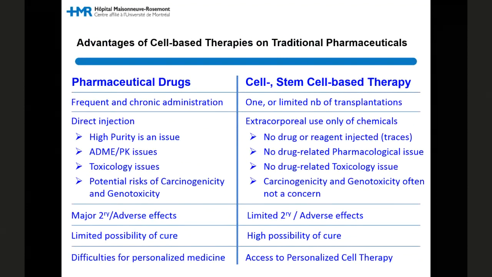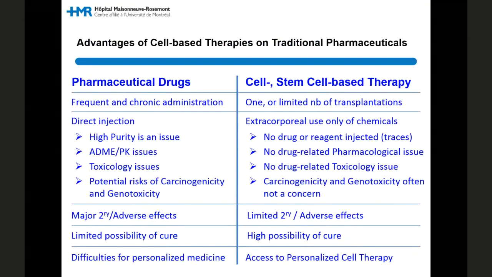You're injecting a product directly, so therefore you need a highly pure product, you need to have pharmacokinetic studies, you need to do toxicology studies, extensive risk for carcinogenicity, and then when you're administering high doses of drugs, you could have side effects, some of which could be severe.